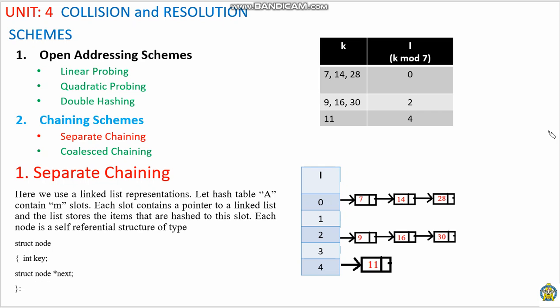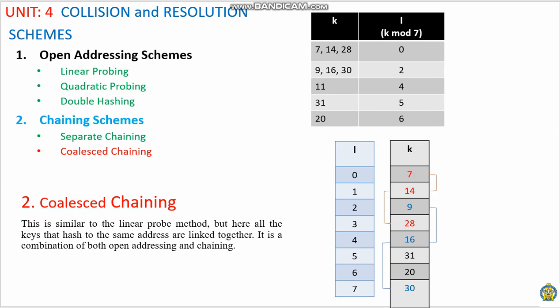Then the last is called coalesced chaining. This is a combination of the linear probe and separate chaining. When there is a collision, the records are moved using a linear probe, let's say L equal to L plus I, so I move to the next location.